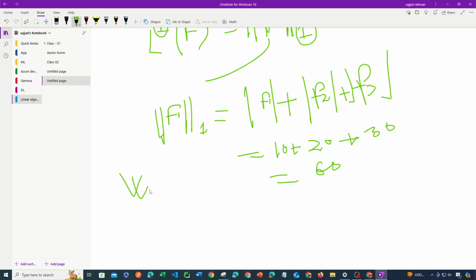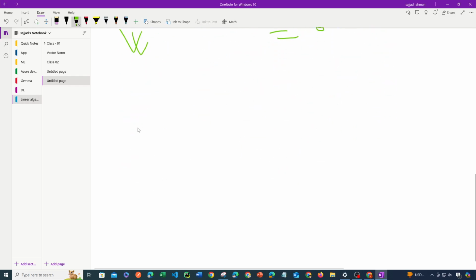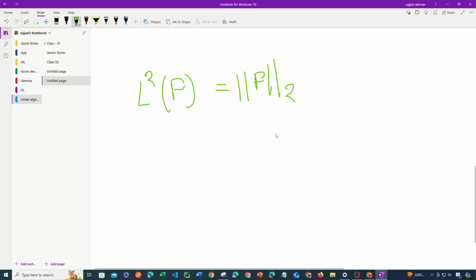So guess what? How do we define the L2 norm? If you want to find the L2 norm, we know that already. This is the absolute sign, and this time we want to find f1.